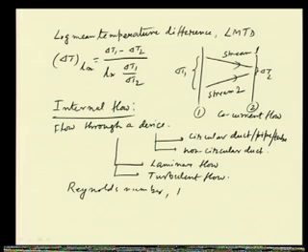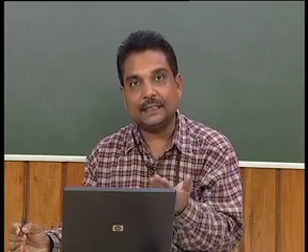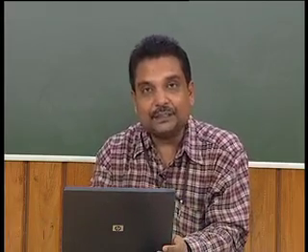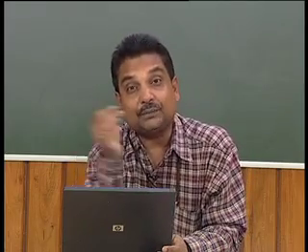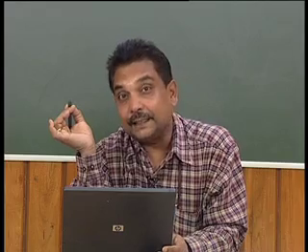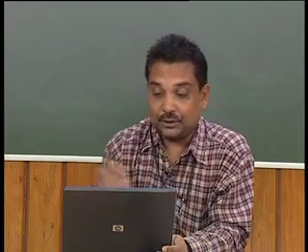In case of flow through a pipe of diameter d, we will denote it like this: Re_D is equal to d v bar rho by mu. What is this? d is the diameter of the pipe, naturally the inner diameter of the pipe. V bar is the average velocity by which the fluid is flowing. Rho is the density of the fluid and mu is the viscosity of the fluid.